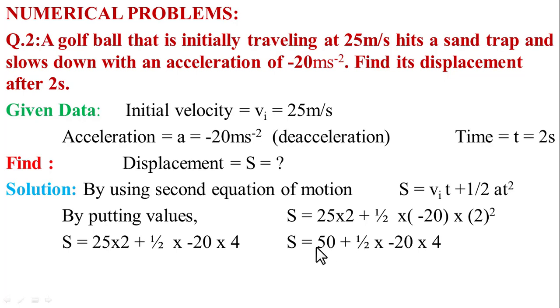Then S is equal to 50 plus 1 upon 2 multiplied by minus 20 multiplied by 4. So S is equal to 50 plus 1 upon 2 multiplied by minus 80. 80 divided by 2 will be equal to minus 40.